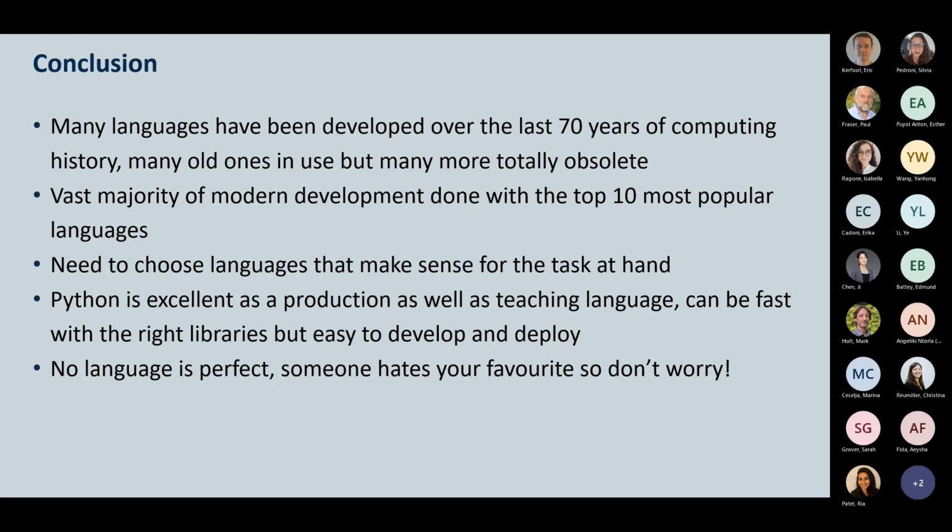So there's been many languages developed over the last 70 years of really what is the modern computing era. There's a lot of languages that are very old, that aren't used anymore, that really are totally obsolete. There's a lot of languages that are totally obsolete and still used, but that's another story. The vast majority of software development has been done with essentially the 10 most popular languages.